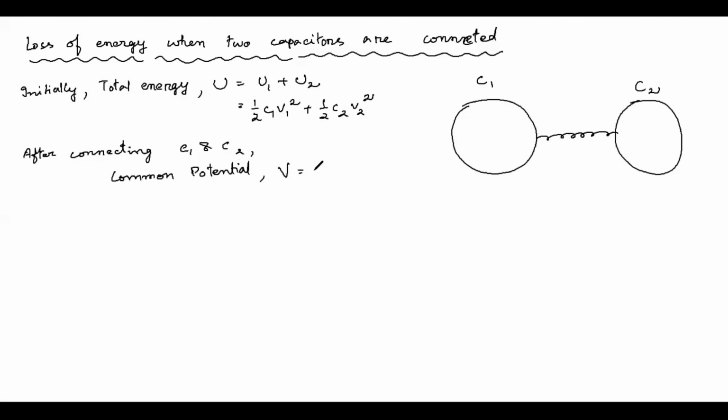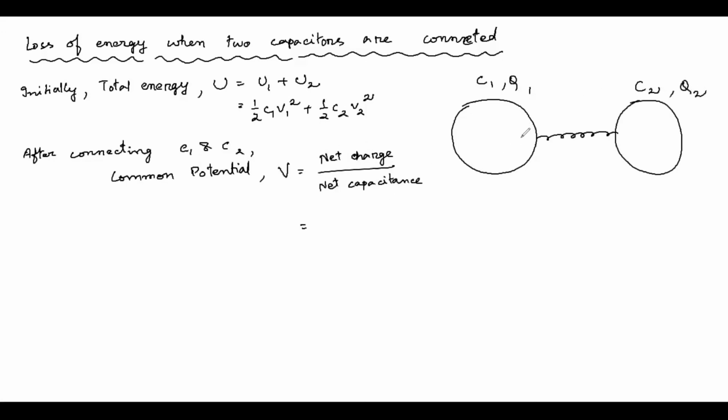So that potential will be nothing but the net charge of this system divided by the net capacitance. Initially they had charge Q1 before connection, and Q2.